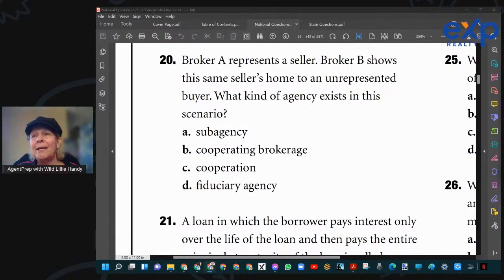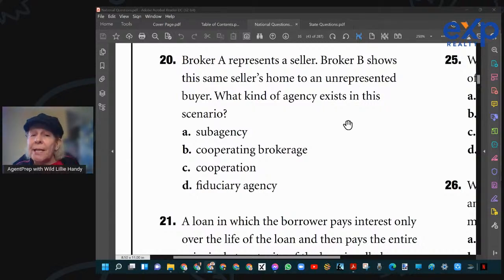The right answer is A, sub-agency. When a buyer is not represented, the broker is considered a sub-agent. So they're like a substitute agent for seller number A, the seller who's represented by broker A, because the fiduciary responsibilities belong to the seller, not to a non-represented buyer.